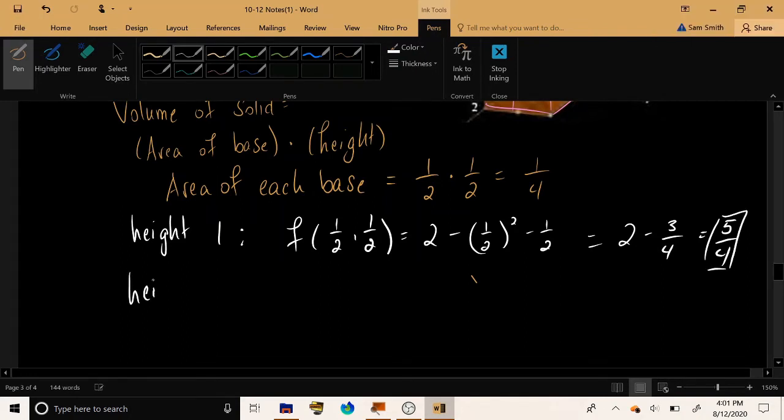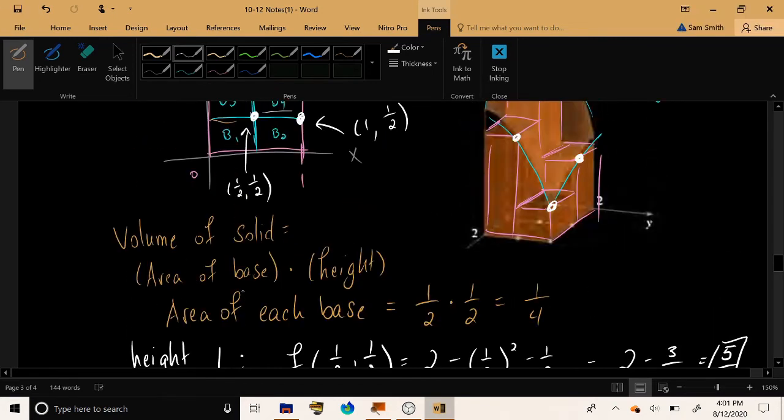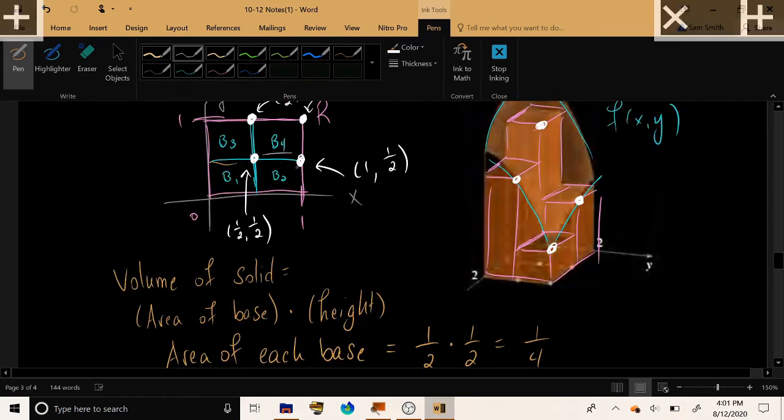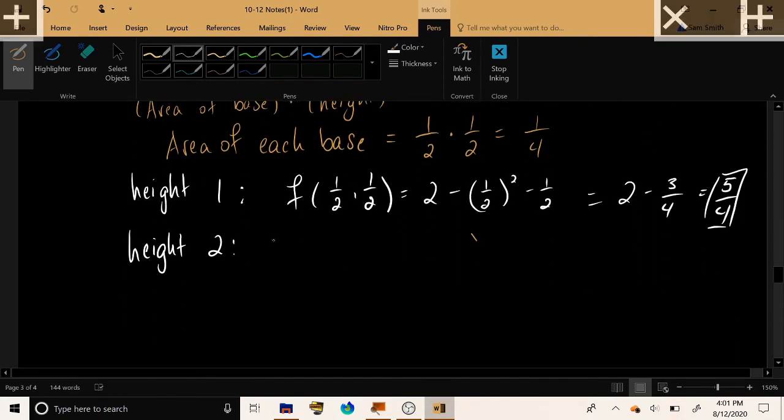The height of box number 2: let's plug in the upper right corner of box number 2, and we get f of 1, 1/2 equals 2 minus 1 squared minus 1/2. So this is 2 minus 1 minus 1/2, which is 1/2.